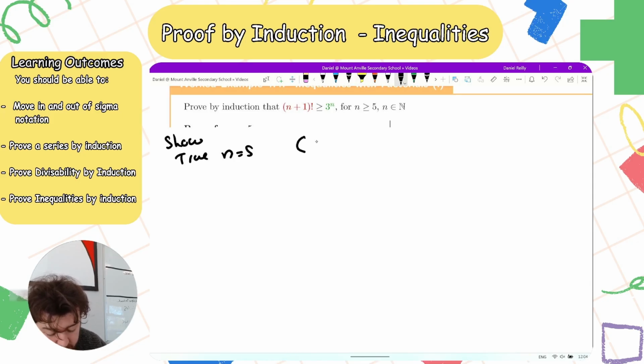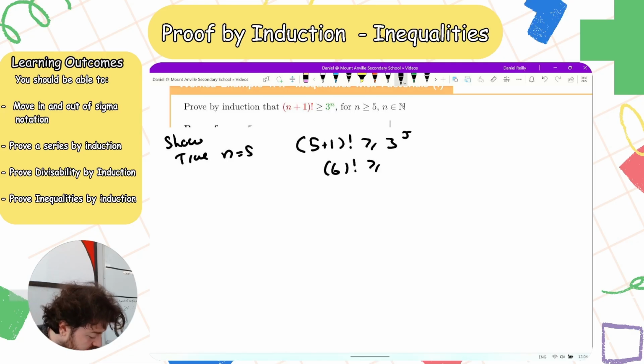So show that to be true: (5 + 1) factorial is greater than or equal to 3 to the power of 5. Which is 243, and then 6 factorial is 720. So 720 is greater than or equal to 243.